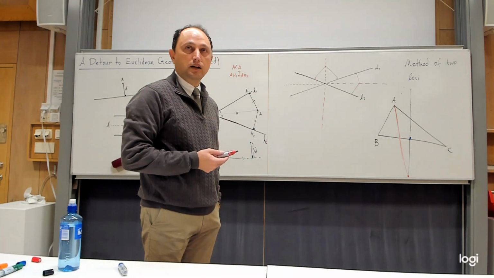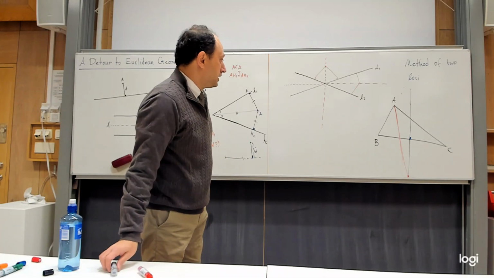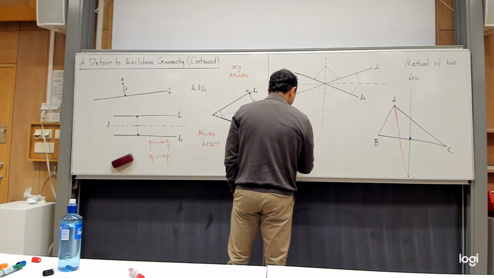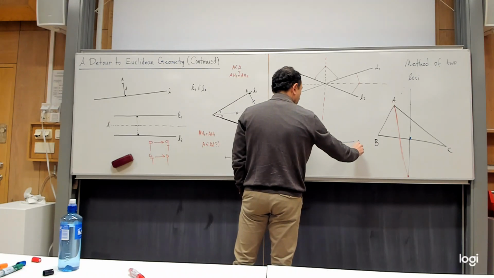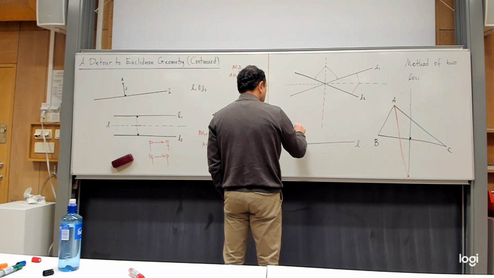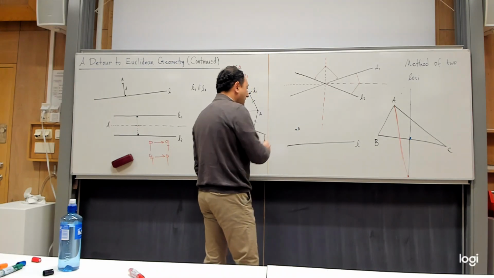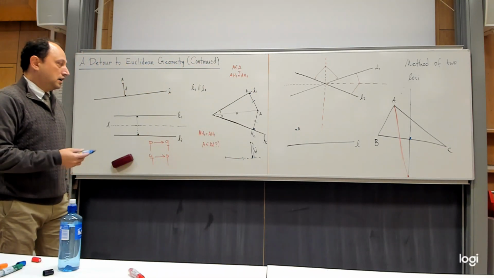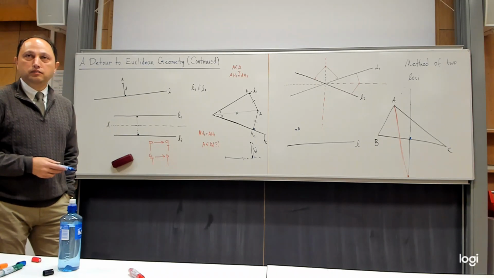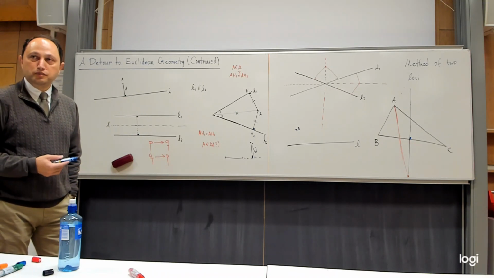Yes? Is that clear? For example, if I give you a line L, and I give you a point, let me call it A, and I ask you to find a point on the line which is, I don't know, 5 meters from A, how do you find that point practically?